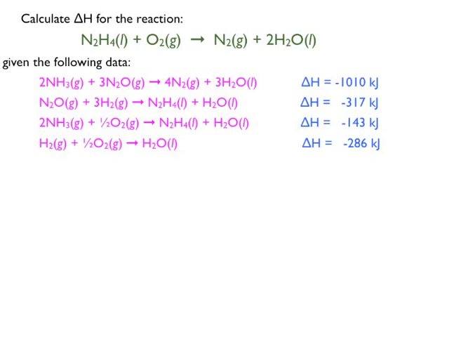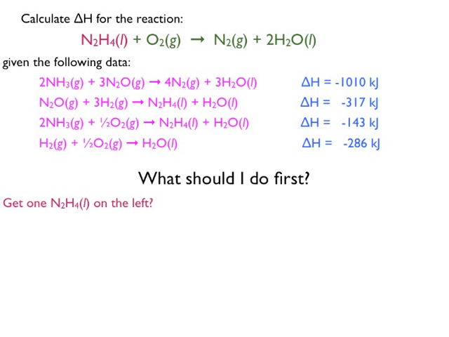So what should I do first? There is one and only one way to start this problem correctly. If you start it any other way, you will probably end up with the wrong answer. So what should I do first? Maybe I should get that 1 mole of liquid hydrazine on the left. How can I do that?